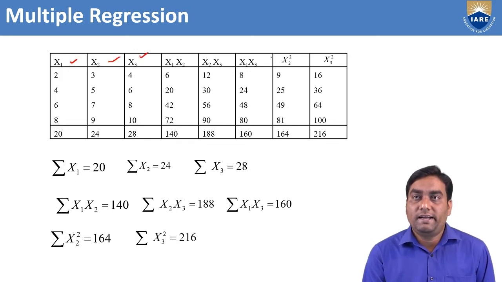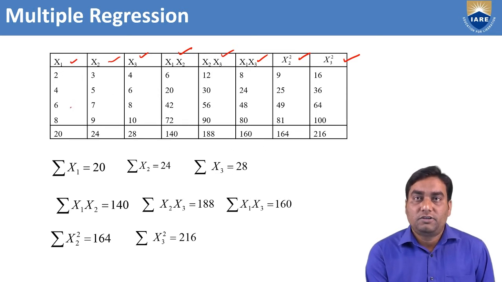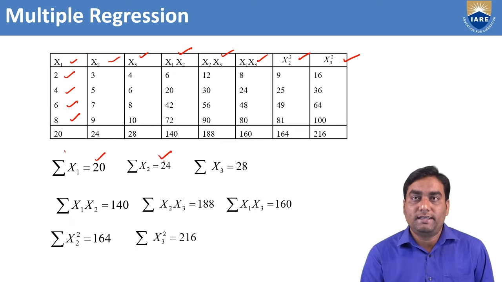Which values are required? x2 square, x3 square, x1 x2, x2 x3, x1 x3. All their sums are required. See x1: 2, 4, 6, 8. Sigma x1, add them, we get 20. Similarly, sigma x2, add them, we get 24. Sigma x3, add them, we get 28.